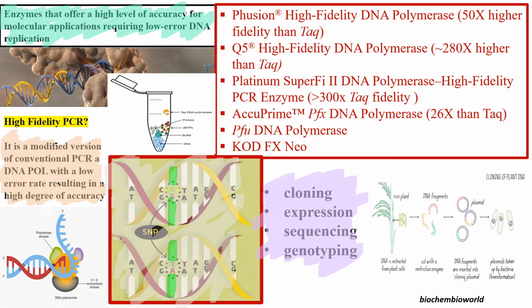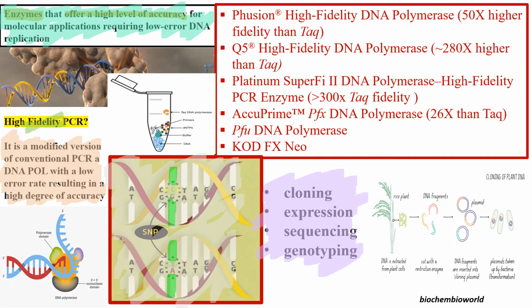These high fidelity DNA polymerases are enzymes that offer high levels of accuracy for molecular applications, like the two examples I've already given, SNP studies and cloning, which require low error DNA replication.